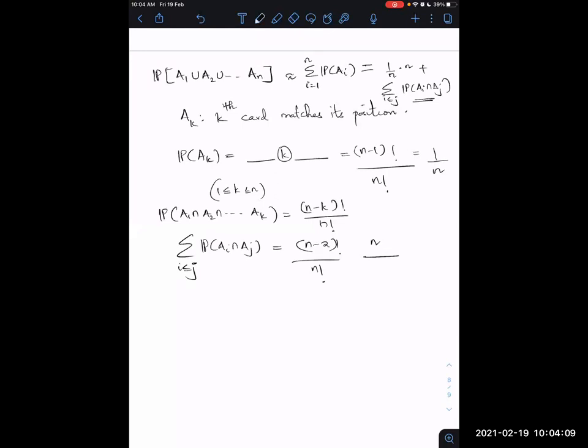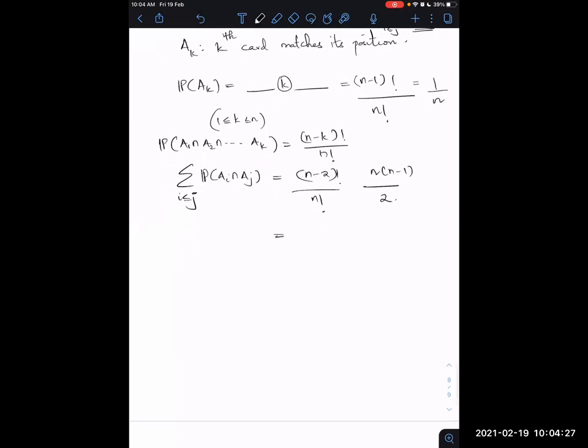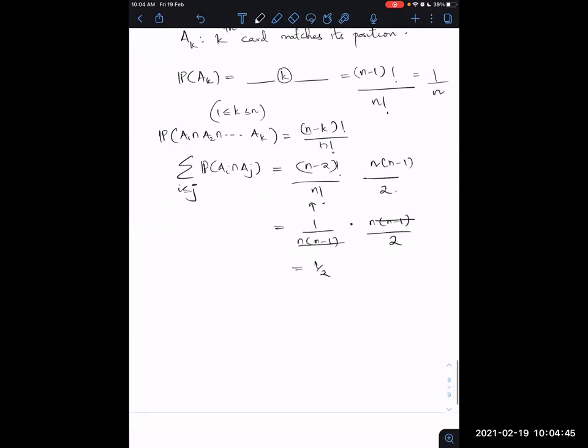n choose 2 is just n factorial over... okay, let me just simplify that. It would be just n into n minus 1 by 2. All right. But that's not useful. Let's just try to simplify the term above as well. So simplifying this term, you get 1 by n into n minus 1, just expanding it. So these two cancel, you get a 1 over 2 here.